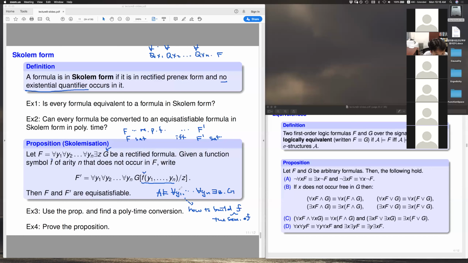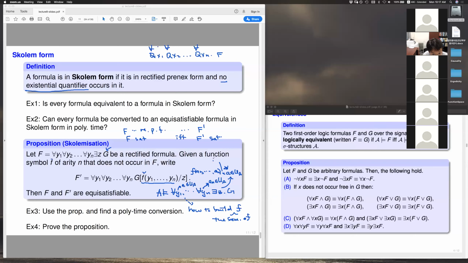So you will have a binding of y1 to a1, and so on up to yn to an, each anything in the underlying universe of A. The satisfaction relation tells us we should be able to find some binding for z in the underlying universe of A such that some good thing happens. Now, this element a can actually be used as the outcome of applying the function f to a1 up to an.